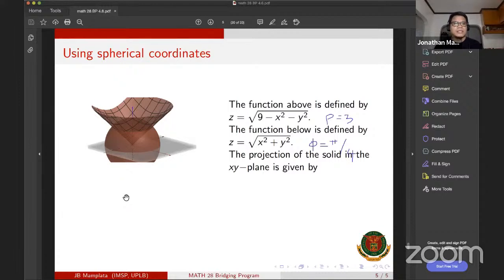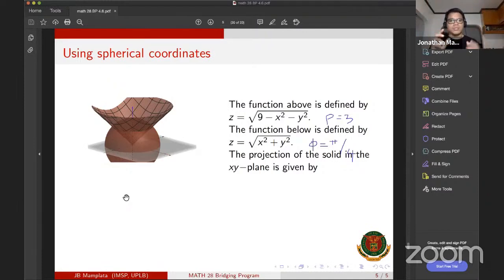Okay, so take note, ang gagawin natin is magkikreate tayo ng isang line segment. Okay? So imagine that you have a line segment na nanggagaling sa origin. So if you have a line segment na nanggagaling sa origin, papaikutin mo lang yan or gagalawin mo lang yung line segment na yan dun sa buong solid. Okay?